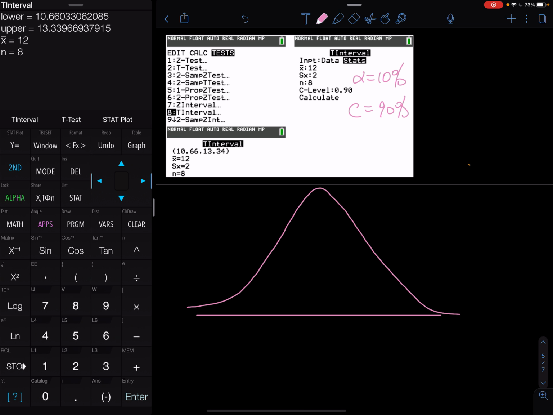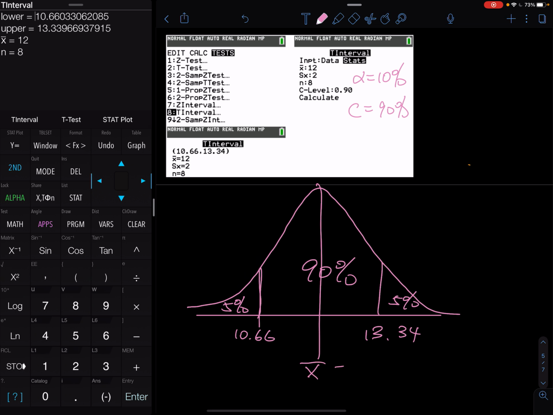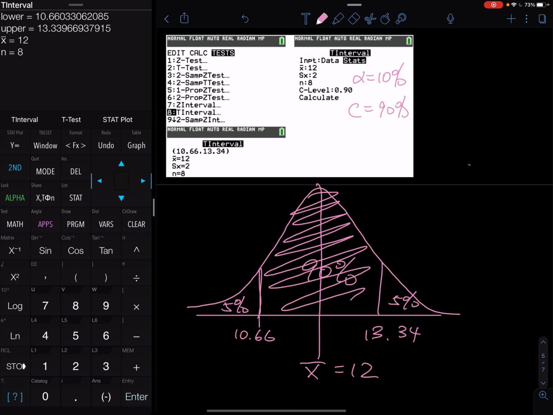You have 90% area right in the middle, and 5% in each tail. The lower cutoff is 10.66, the upper cutoff is 13.34, and in the middle we have x bar, which equals 12. This is the area of the 90%, in case you are asked to sketch a picture.